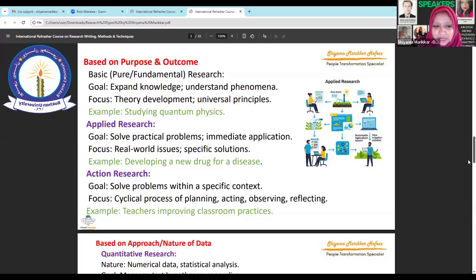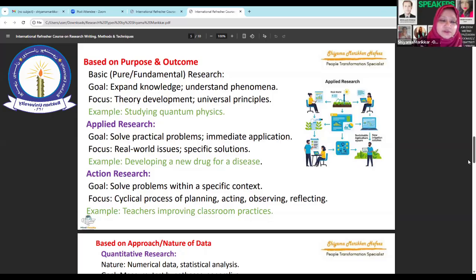And the next one is applied research, which solves practical problems. Many people say that if there's a problem, we are going to find a solution out of research. Exactly, that is what we are doing most of the time, but it's not always the case. Sometimes it can be theory-based also; theory-based ones are basic research. And for social problems, for example, COVID-19 existed, right?